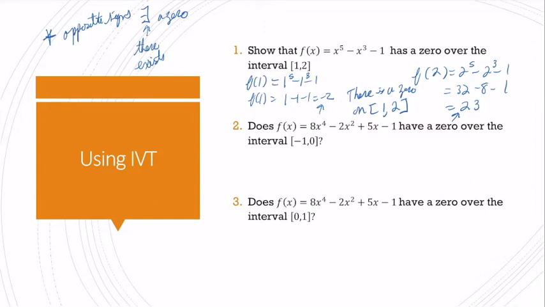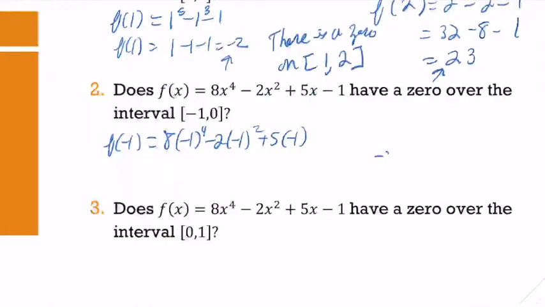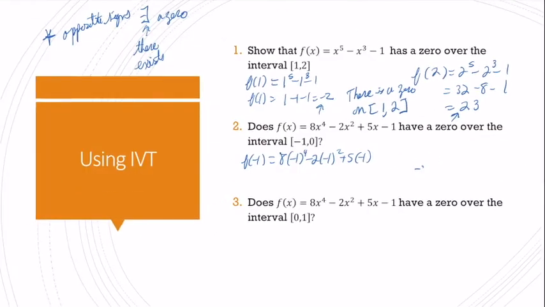All right, so for number 2, let's check if there's a 0 over the interval negative 1 to 0 on f of x equals 8x to the 4th minus 2x squared plus 5x minus 1. So f of negative 1 equals 8 times negative 1 to the 4th minus 2 times negative 1 squared plus 5 times negative 1 minus 1.